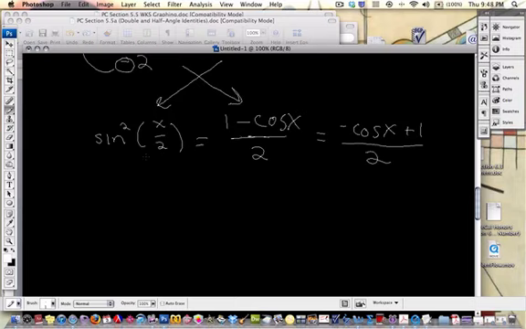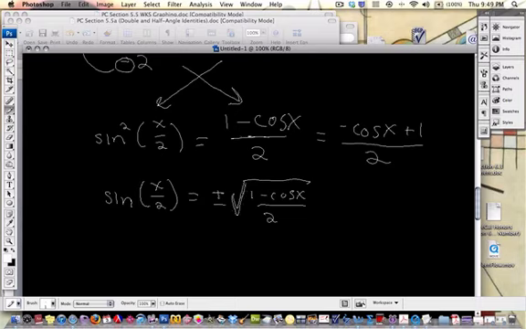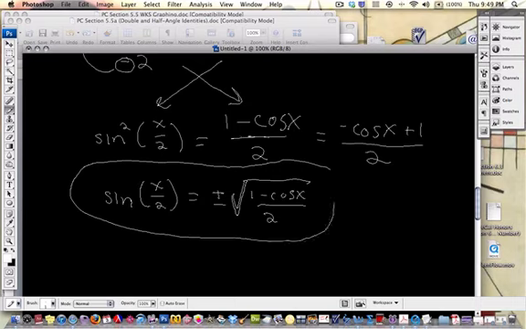So I'm going to take the square root of both sides. On the left we've got sine of x over 2. And on the right, when we take the square root of both sides, remember we have to do the plus or minus, so that's what this situation is about. And then we've got 1 minus cosine x over 2.